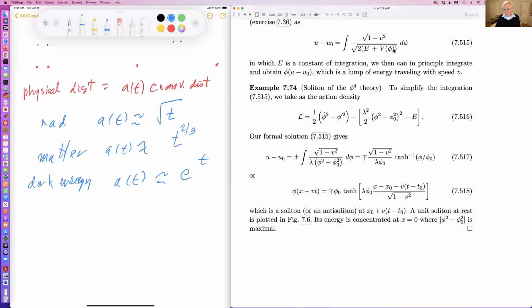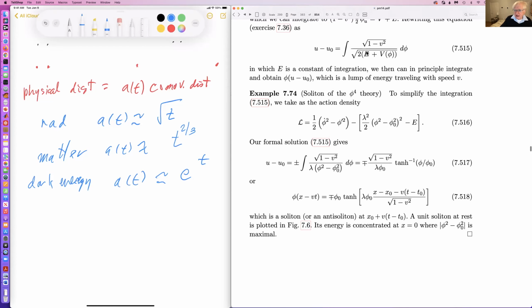It's the square root of E minus V, and I've arranged V so that it has an E in it. And so when we add E to V, this term, which would make the integration more complicated, disappears. And so we just get this. And that turns out to be an exact integral. It's the inverse hyperbolic tangent.